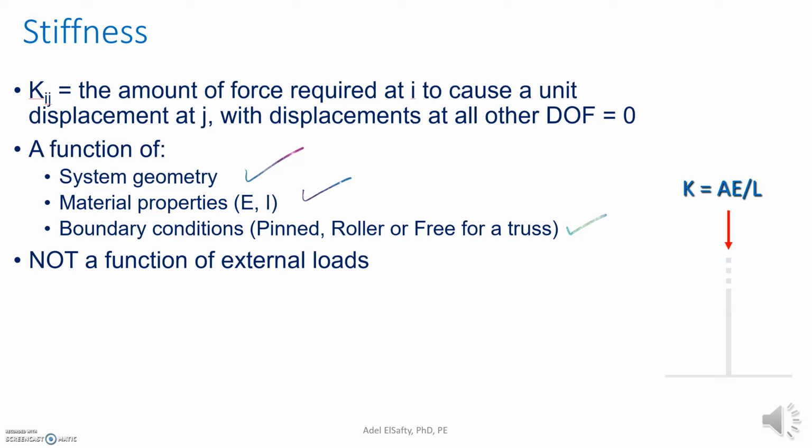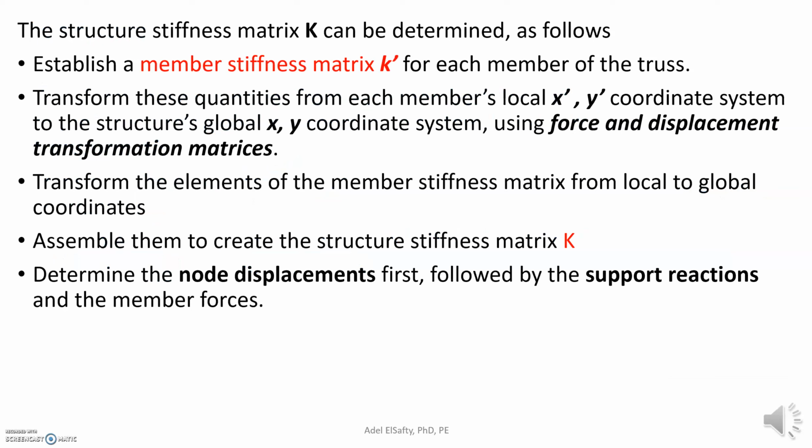Once the truss elements are labeled and you are able to label the codes and everything, then you can establish the stiffness matrix that you will have. So this is something that is very nice to know. Once you have the truss labeled and the code numbers are specified, then the structural stiffness matrix can be determined as follows.